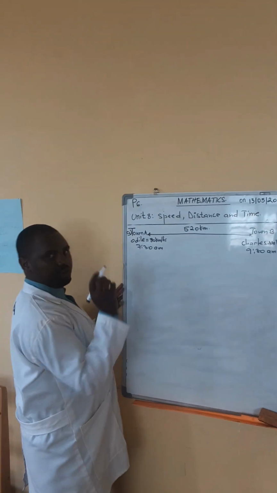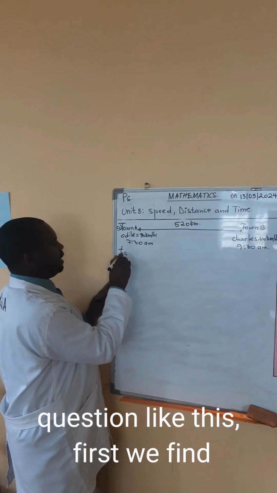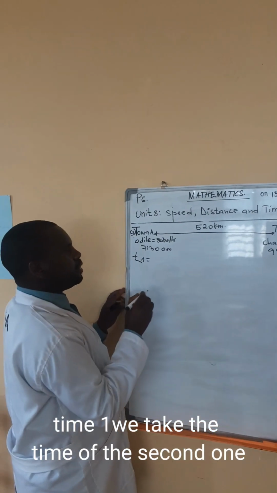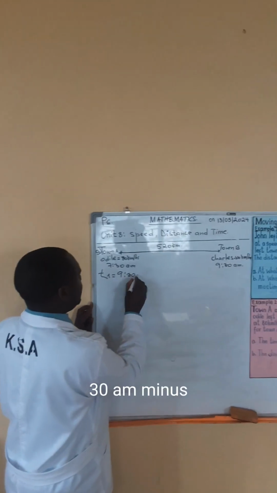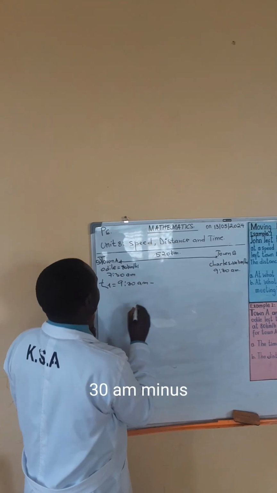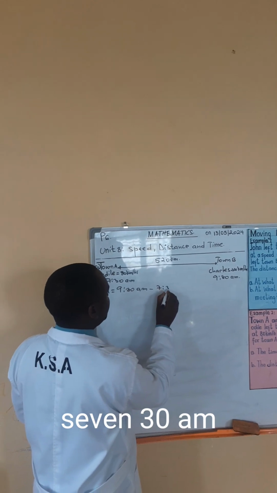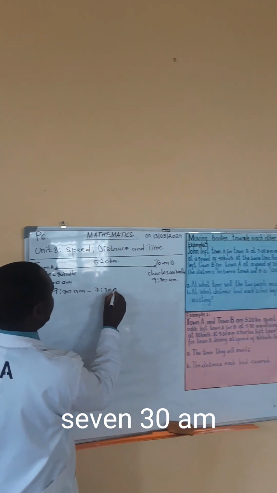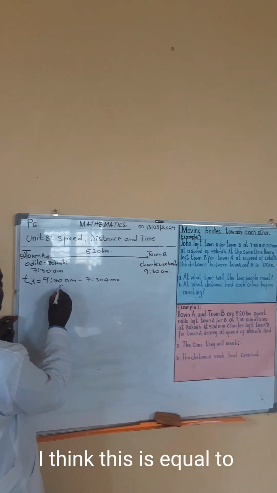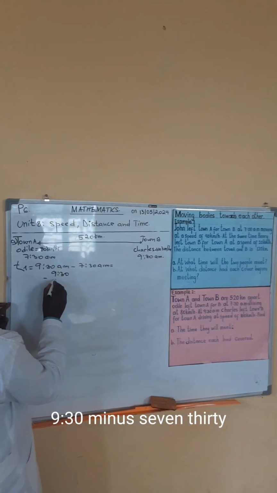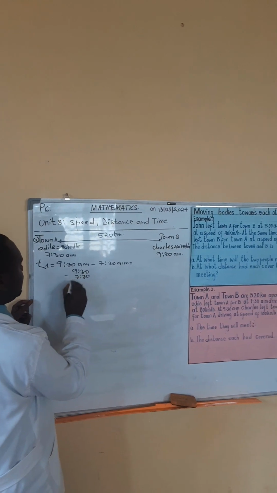Therefore, when we have a question like this, first we find time 1. We take the time of the second one, 9:30 a.m., minus 7:30 a.m. This is equal to 9:30 minus 7:30.